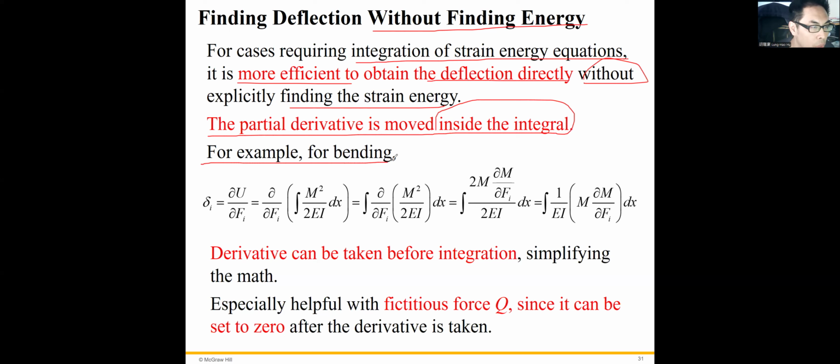For example, for what we already taught previously, the deflection or deformation equals the derivative of the strain energy with respect to the force. Suppose this member is subjected to the actual loading, or a different force.